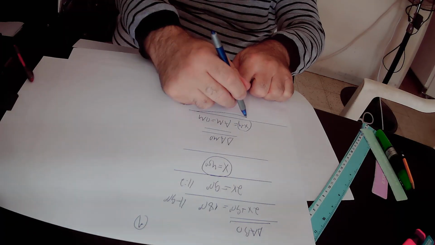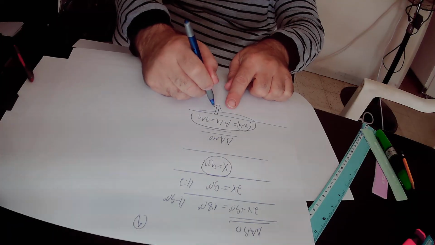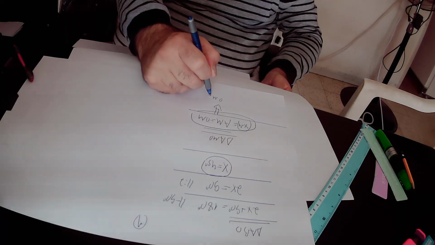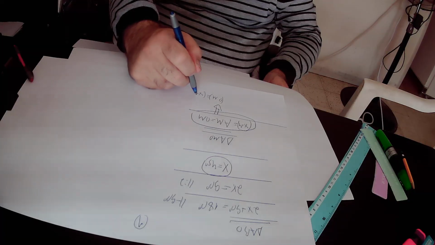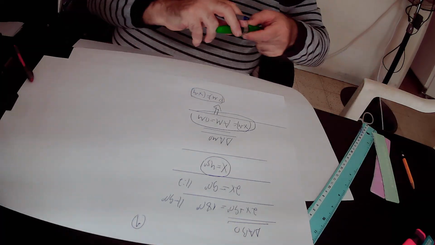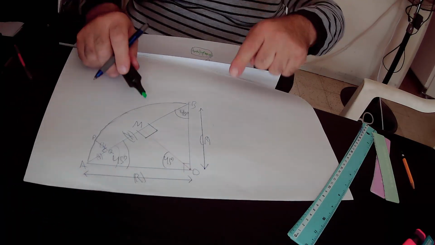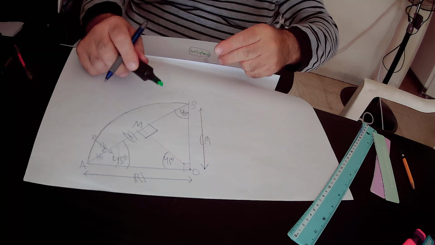And from this equation, X plus 4 equals AM equals OM, we derive that OM must also be equal to X plus 4 units in length.